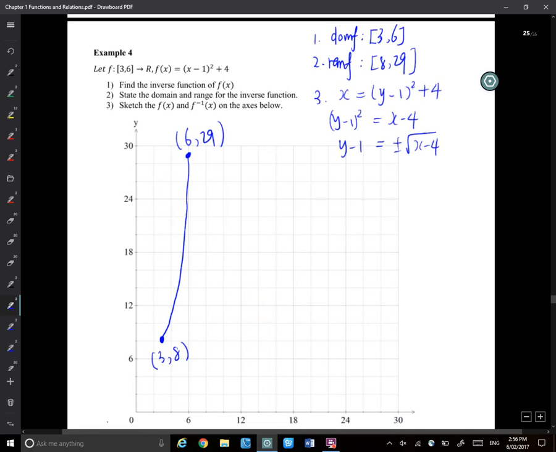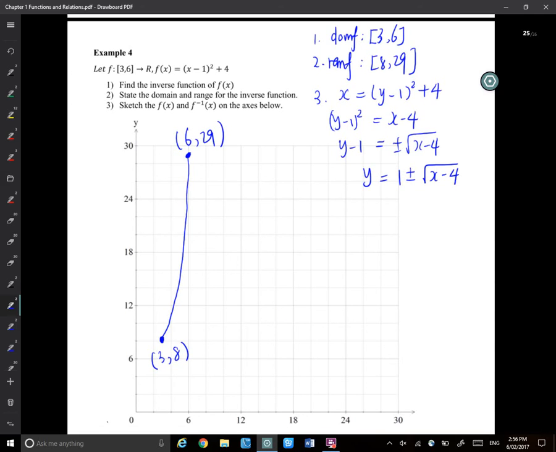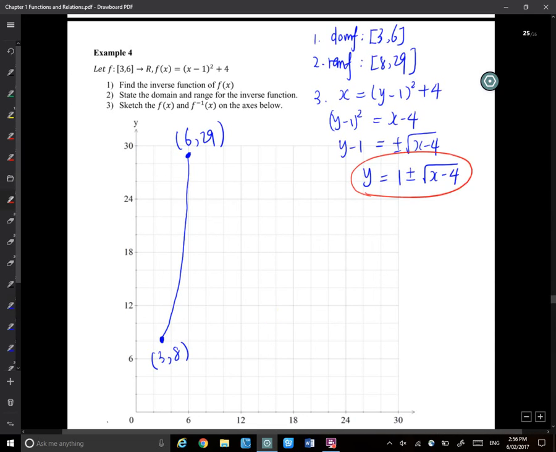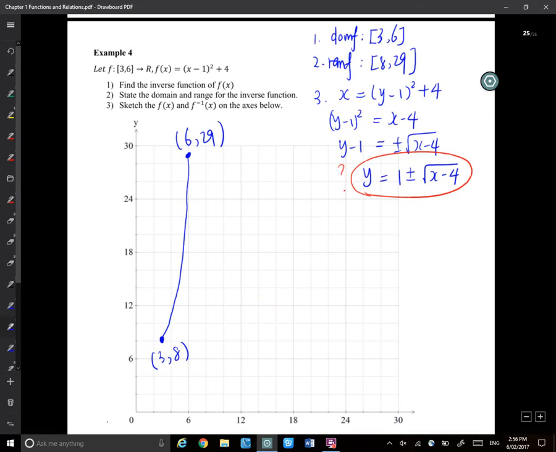Good. So y equals 1 plus or minus the square root of x minus 4. So still this is a question mark. I don't know whether to take positive or negative, but I'll keep going.